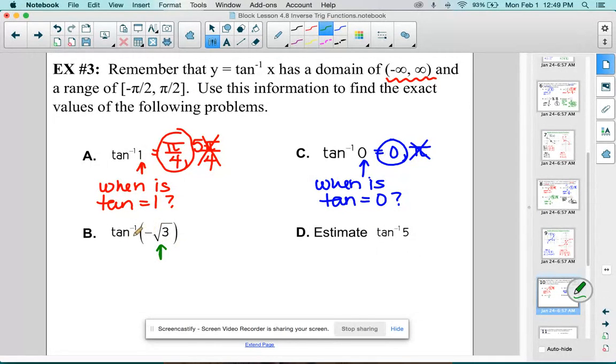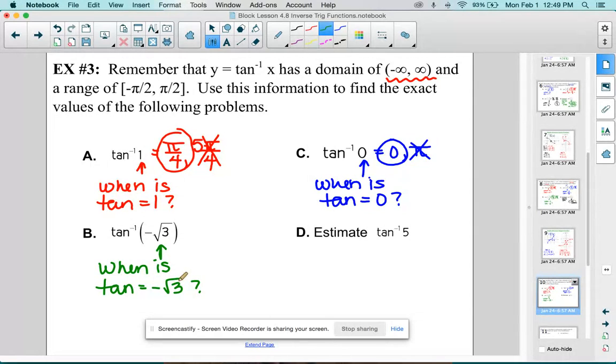Okay. Third question, negative radical 3, is that in the domain? Yes, it is. So then you're going to say, when is tangent equal to negative radical 3? Tangent is equal to radical 3, I'm going to worry about the negative later.